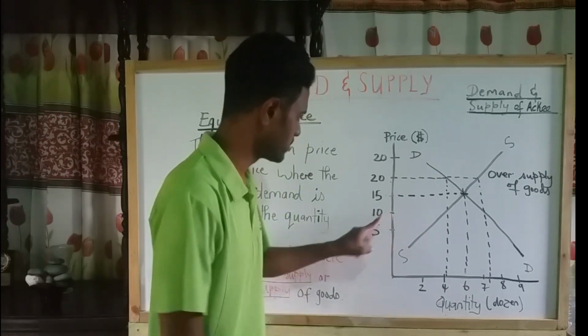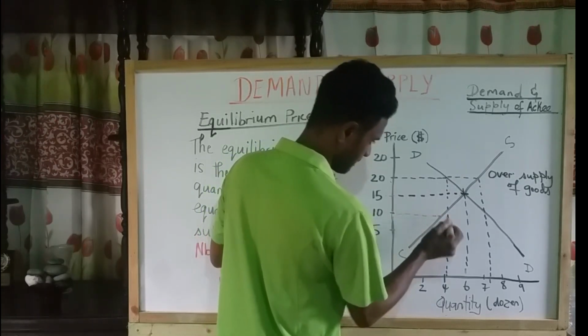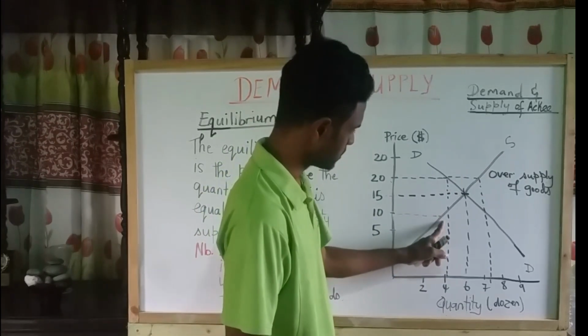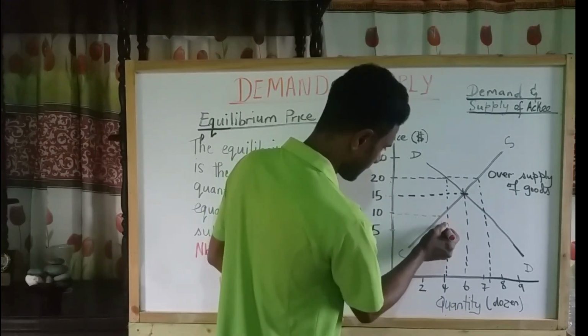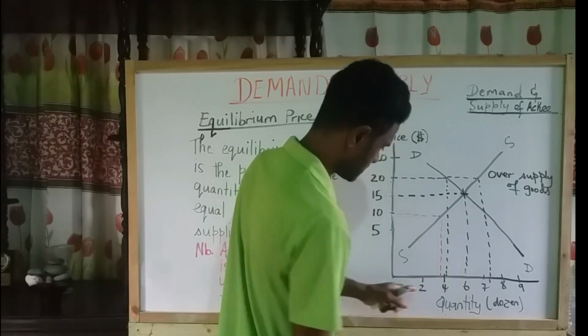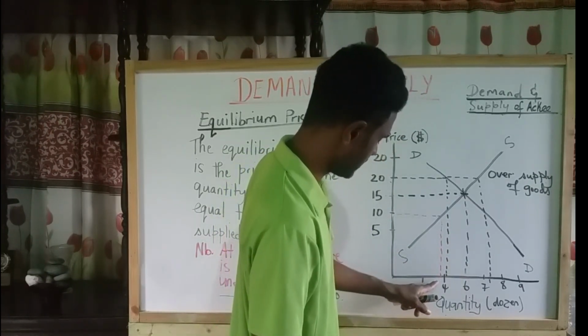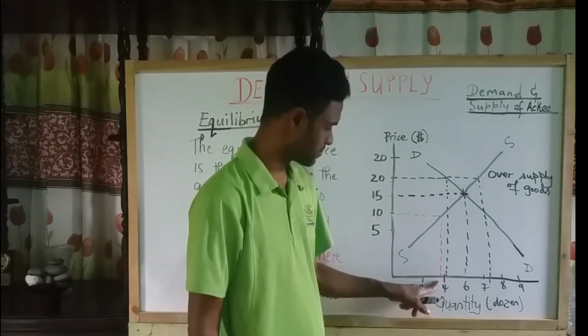So let us look at the demand and supply for ackee when the price is at $10. So we're going to trace $10. If you notice, we hit the supply line. So let us trace to see how much the sellers are willing to sell. Supply at that price, 2 3/4 dozen ackees is supplied at that price.